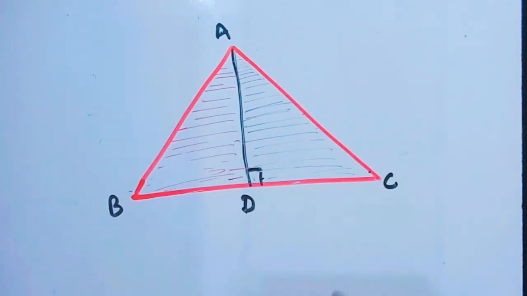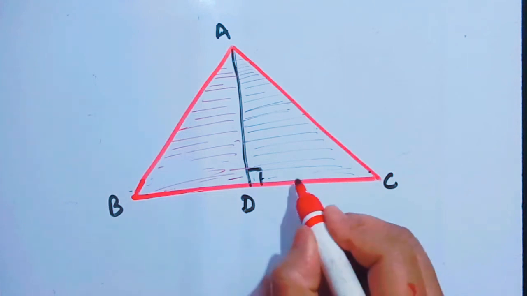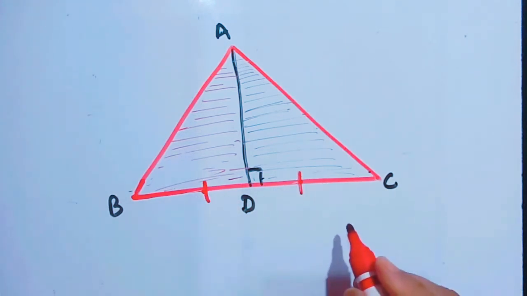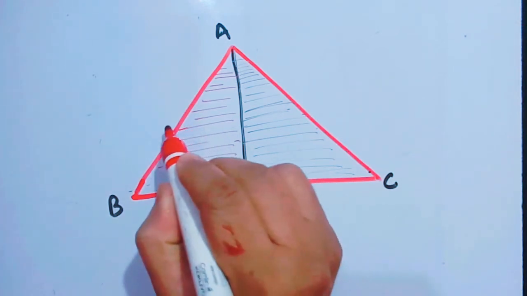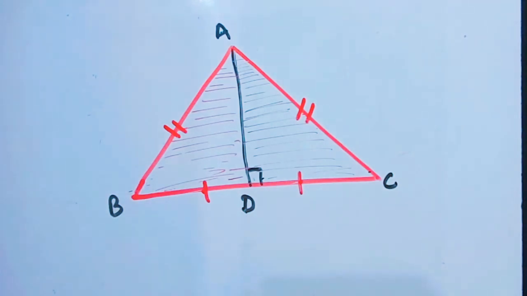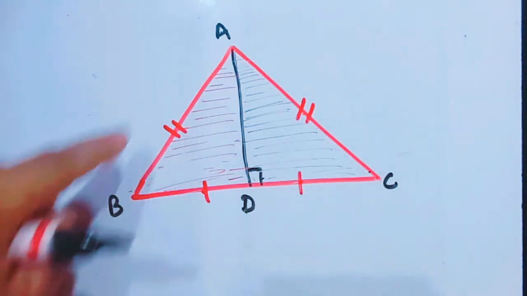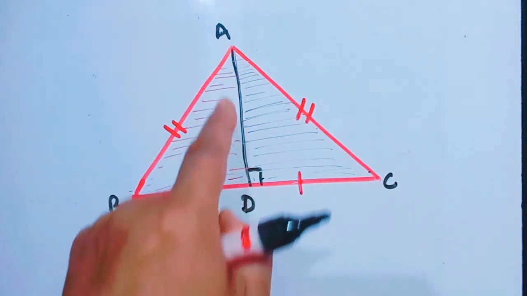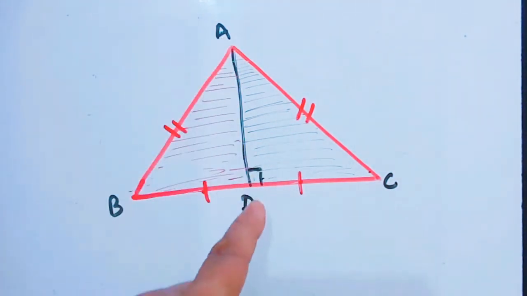Now you are being asked that if this particular side is given equal and this particular side is also given equal, you would be asked that triangle ABD is congruent to triangle ADC by which respect?